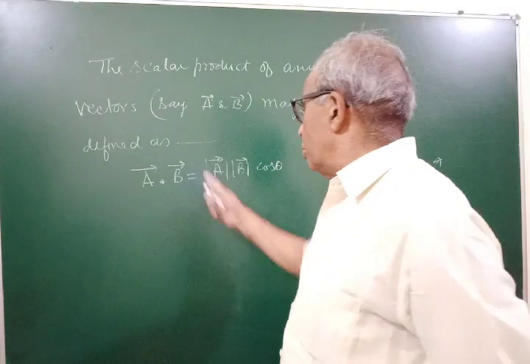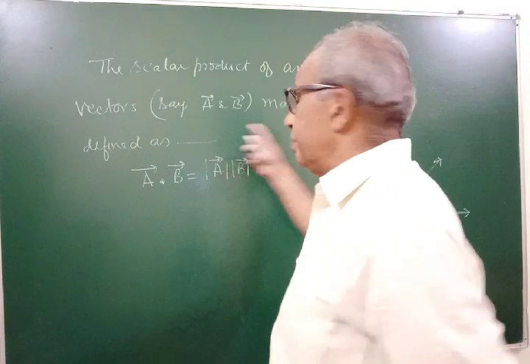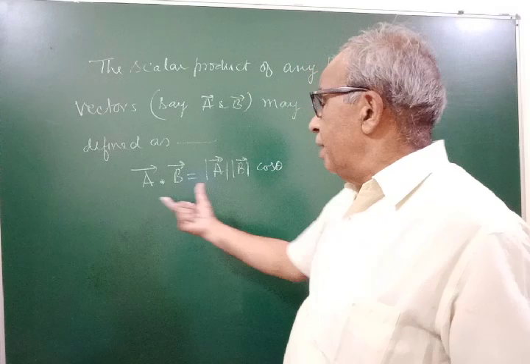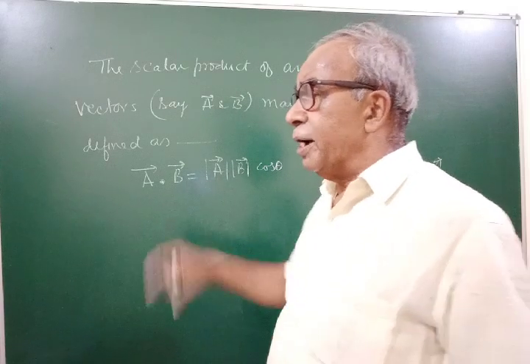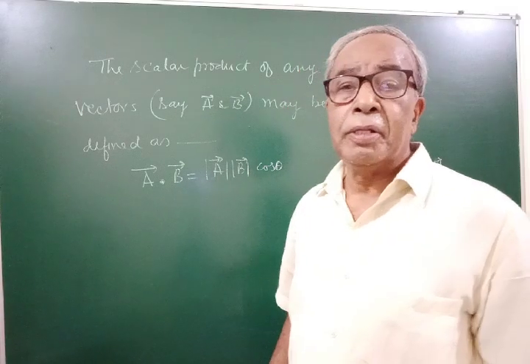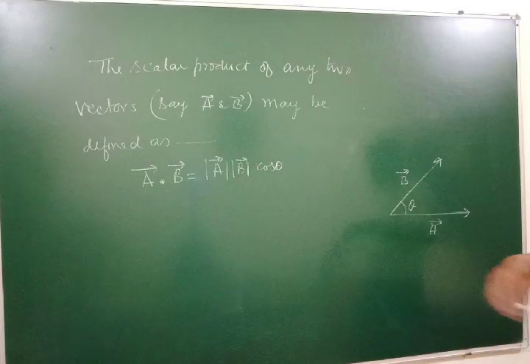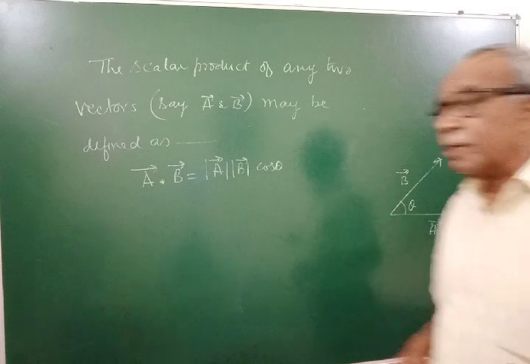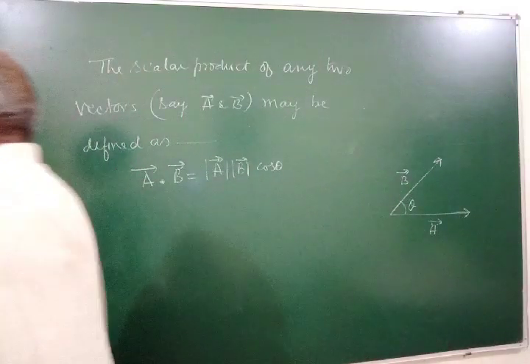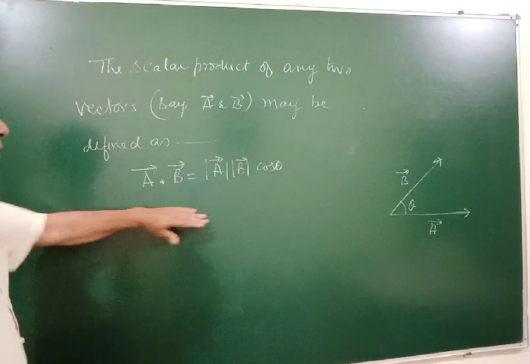Both the left-hand side and the right-hand side represent scalars. There are a lot of examples in which we multiply two vectors, but the product comes out a scalar. That's why it is called scalar product.